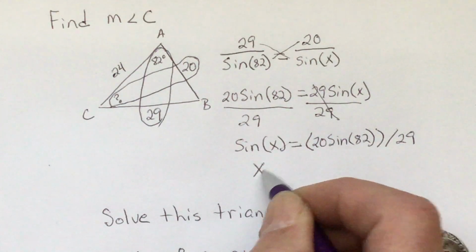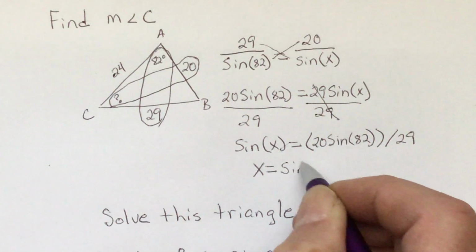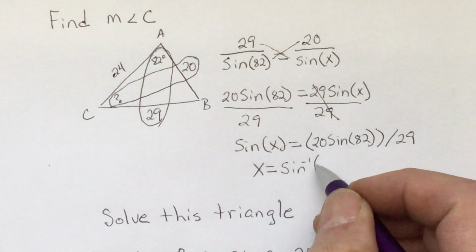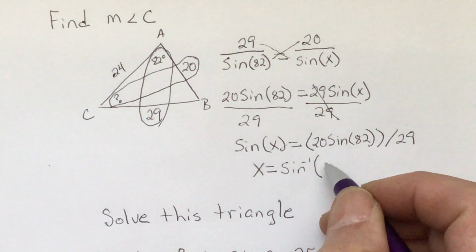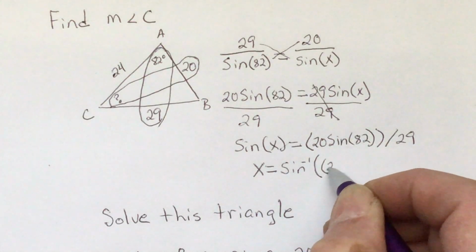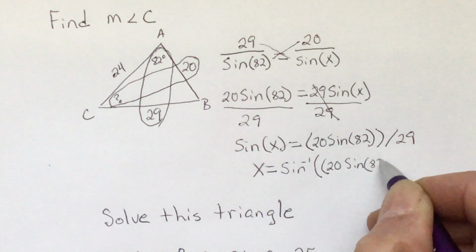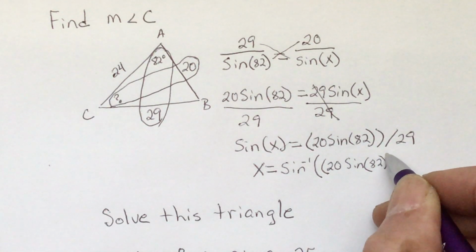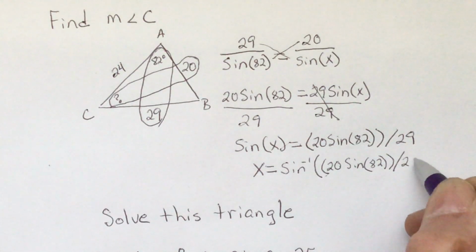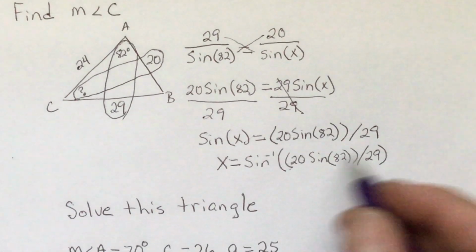So x is going to equal inverse sine, and then all of this gets put in the parentheses. Remember, it will bring up a parenthesis here. And then you're going to type in another opening parenthesis, 20 sine 82. Close that parenthesis, divided by 29. And another closing parenthesis, enter.